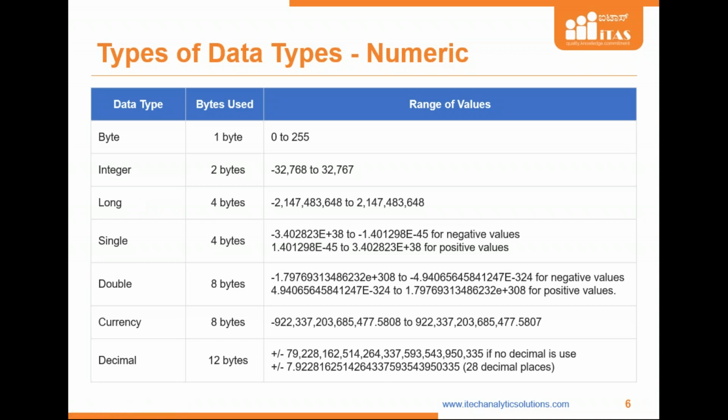Let me tell you in more detail. Say I am trying to save a person's age. Age can be maximum 100, let's say 125, which will not exceed 255. Then I'll classify that data type as byte. Suppose I'm thinking about column numbers.